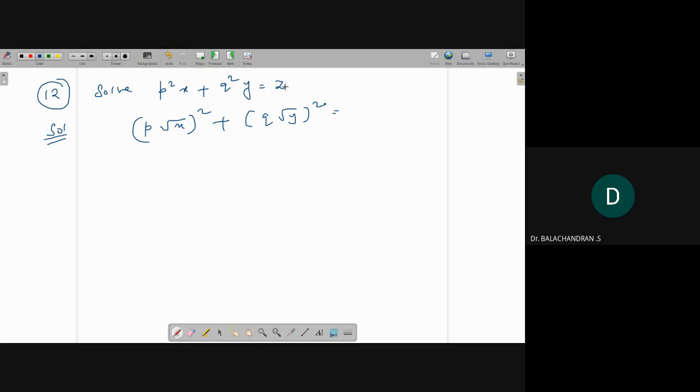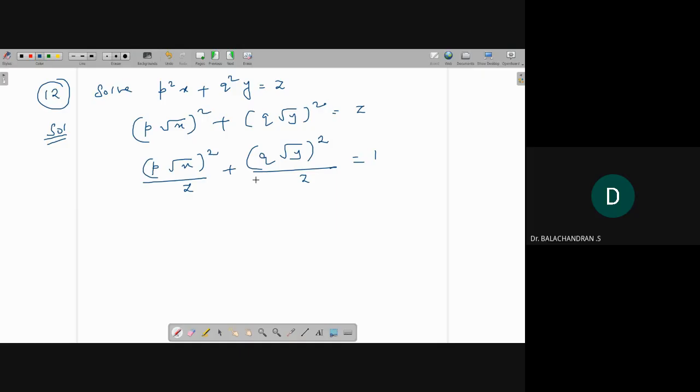But it is better to divide by z also. First I will divide by z: p root x whole square divided by z plus q root y whole square divided by z is equal to 1.